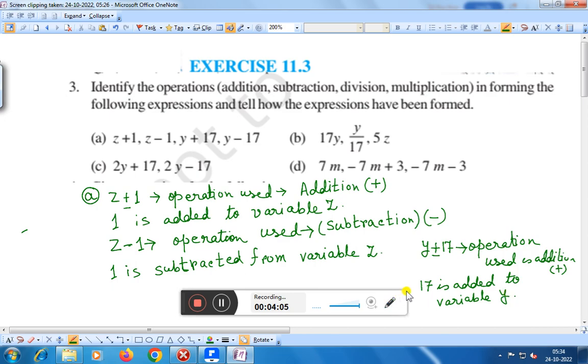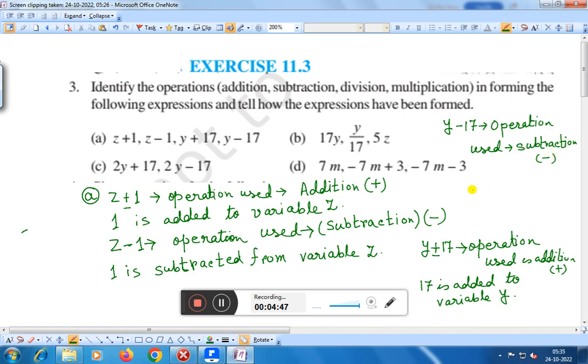This is the expression. Next one is y minus 17. Here also you see that operation used is subtraction, and that is minus, right?